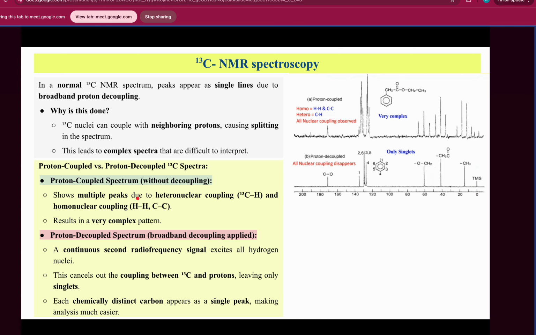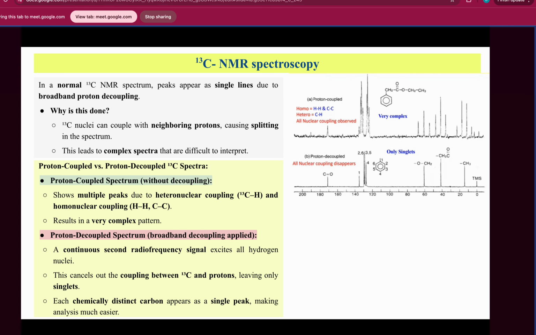In such a case, we will observe multiple peaks due to heteronuclear coupling, because there will be multiple adjacent hydrogens linked to that particular carbon and its adjacent carbons. They all will bring spin-spin coupling, so we will see multiple splittings and that will make the spectrum complicated. So in such a scenario, we need to perform proton decoupling, which means we remove the effect of all such protons and will not see their coupling effect.